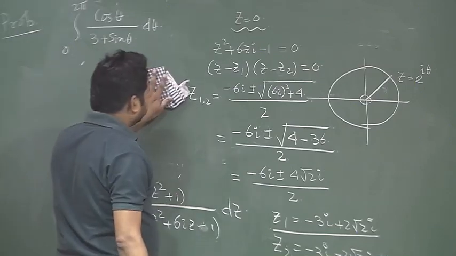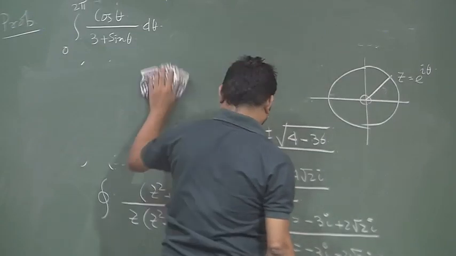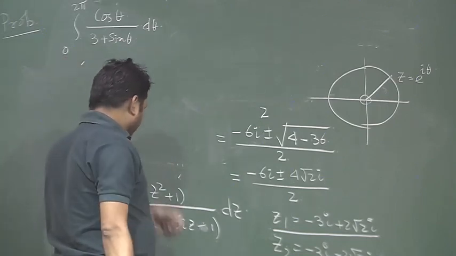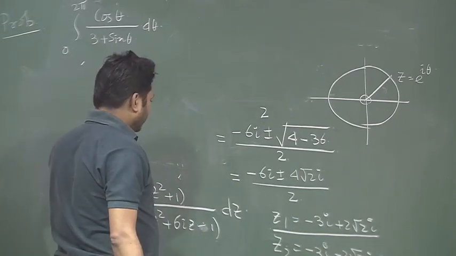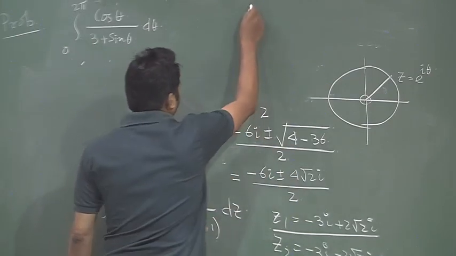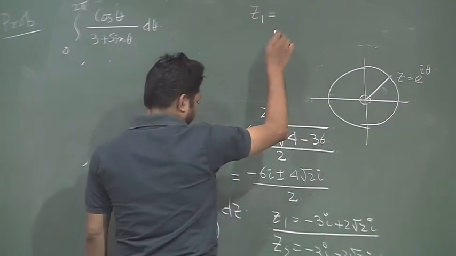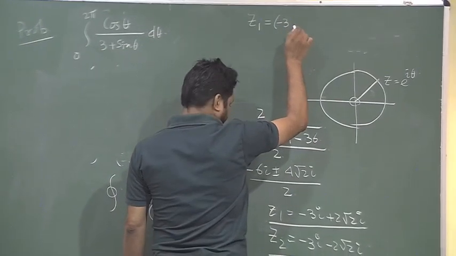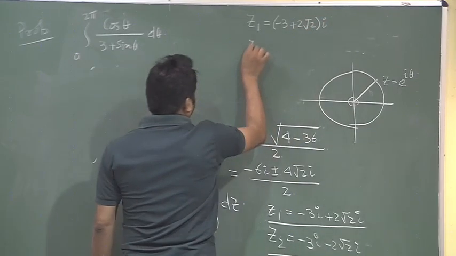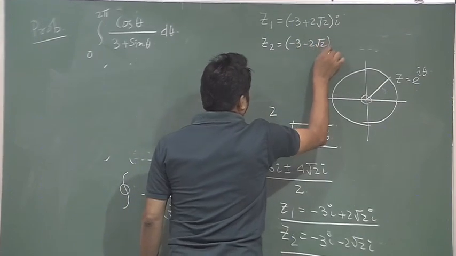So, now I need to find out which point is outside. So, let me write it once again here. z1 is, simplified, minus 3 plus 2 root 2 i, and z2 is minus 3 minus 2 root 2 i.